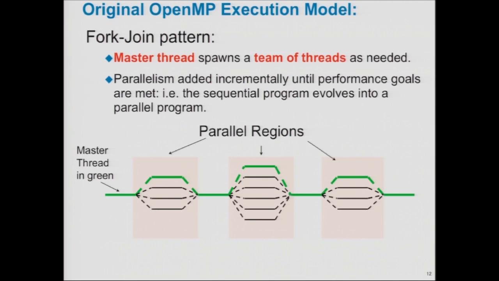Going back to the fork-join pattern, the way this basically works is you have a master thread which forks off threads to execute parts of the program in parallel. Then they all join, and you execute in the master thread again. You go along, and so now you have multiple parallel regions. This way you can incrementally add parallelism to your program. This is one of the advantages of OpenMP compared to something like MPI.